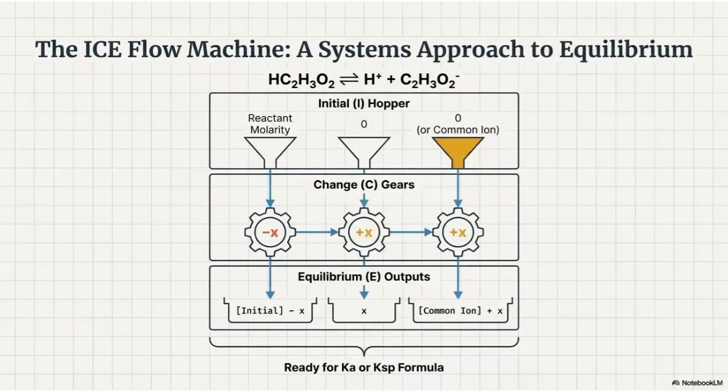That is going to change the initial amount that you have at the beginning of that common ion, which is going to have an effect on the equilibrium that you are going to have.